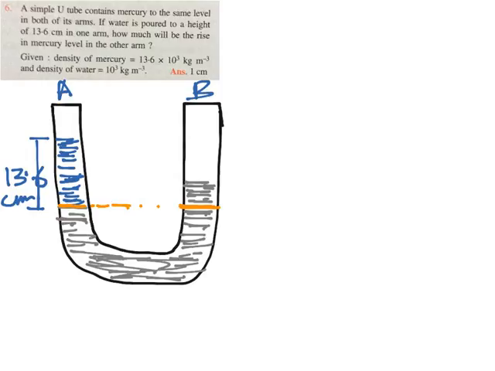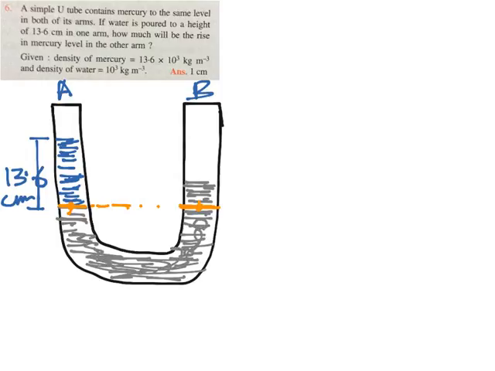This is the separation point of mercury and water on tube A, and this is the corresponding point on tube B. So we can say that the pressure at this location on tube A and the pressure at this location on tube B are the same, because there is nothing but mercury here. There is no other fluid.